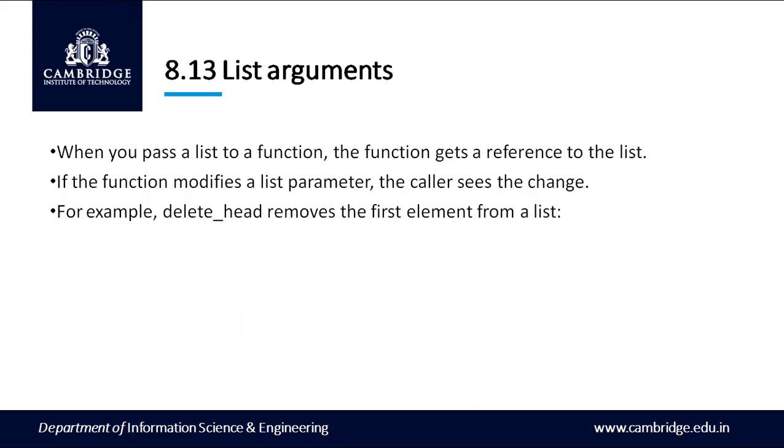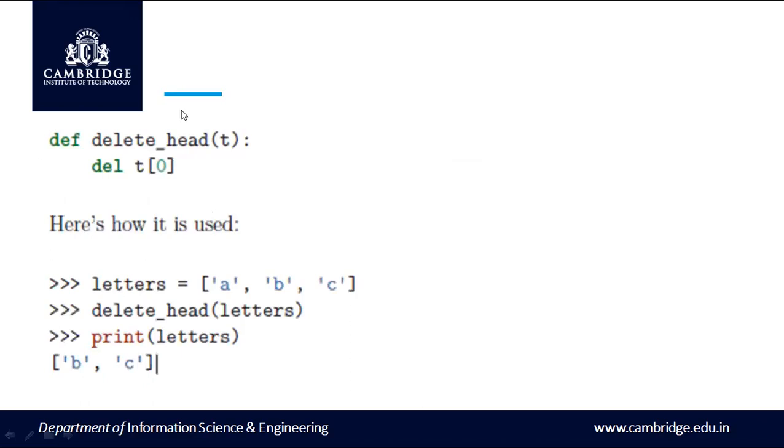So we can see here, we are going to define a function called delete head. You can see this is the function name, delete head. The parameter passed here is t. What this function does is delete the first element.